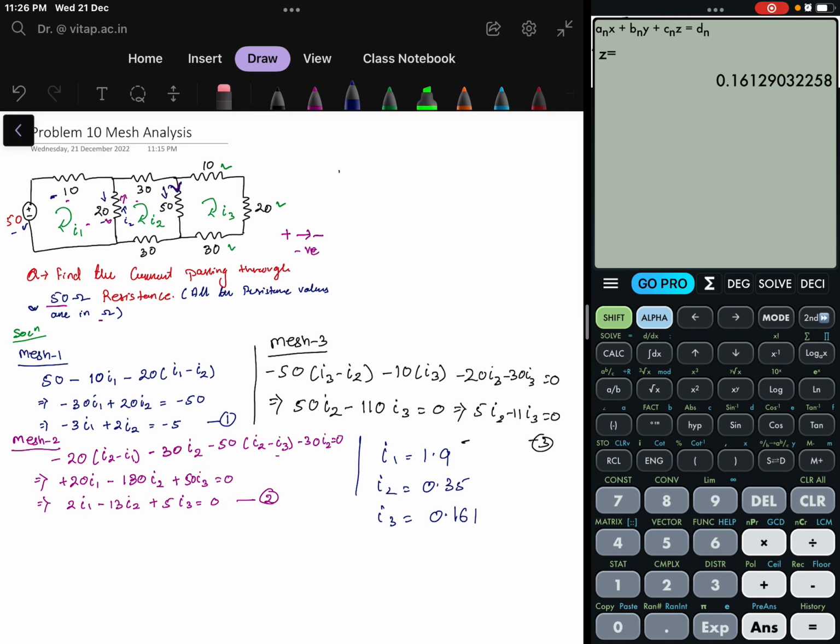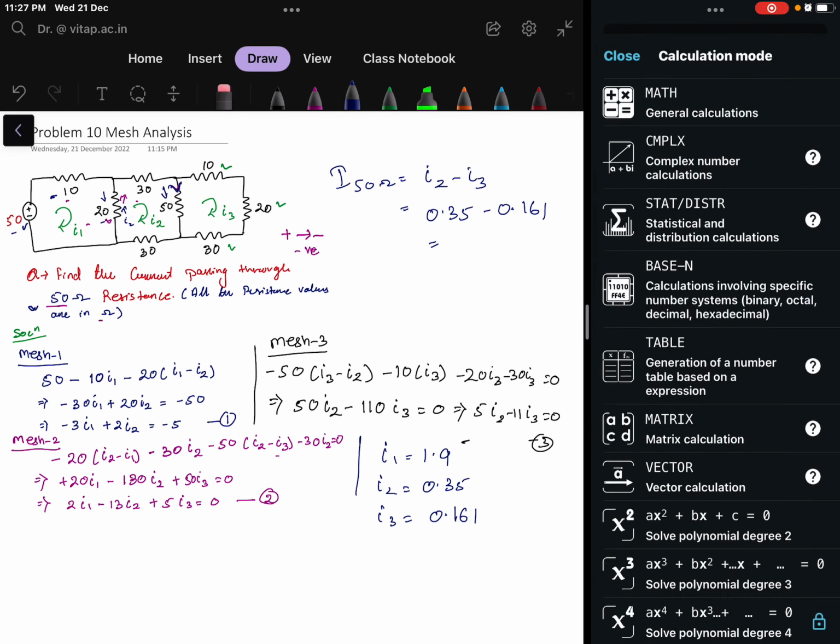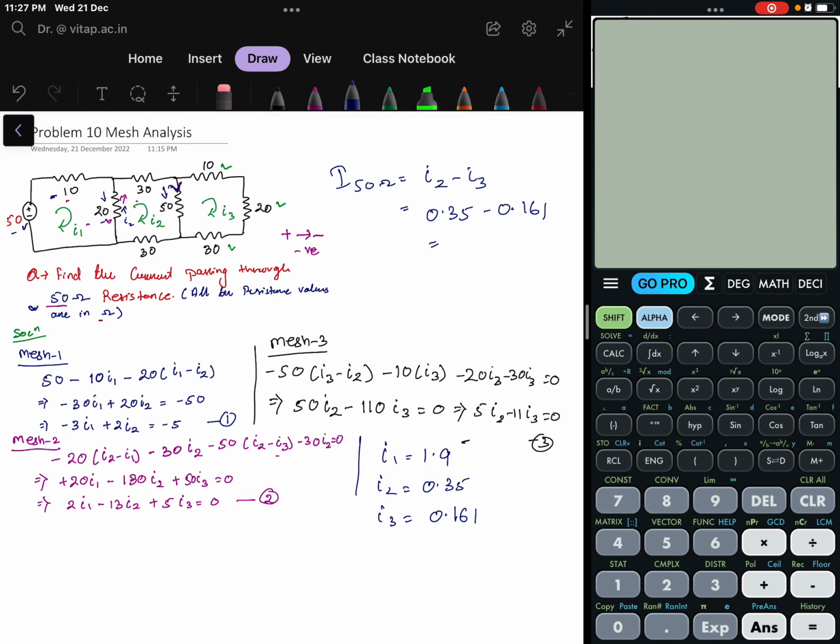So here the total current I through the 50 ohm resistance is equal to I2 minus I3. I2 is 0.35 and I3 is 0.161, so that will be 0.35 minus 0.161, and that value is equal to 0.189 amperes.